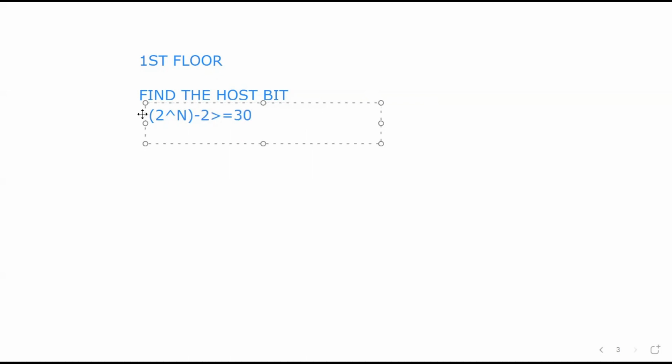Trying 2 to the power 1, 2, up to 2 to the power 4: 2 to the power 4 subtract 2 is not greater than or equal to 30.